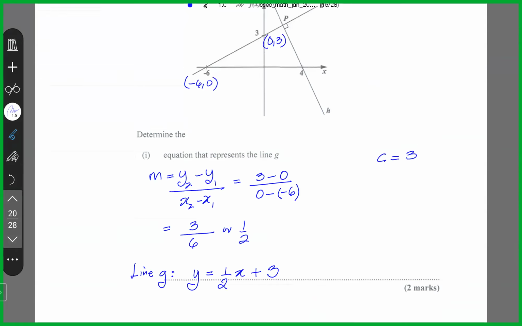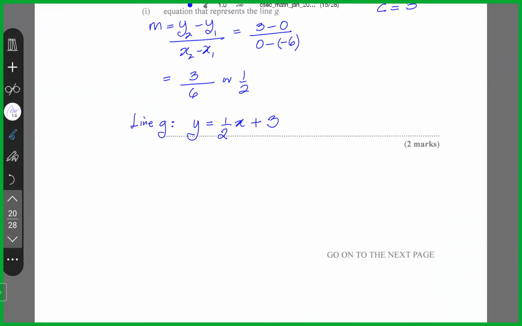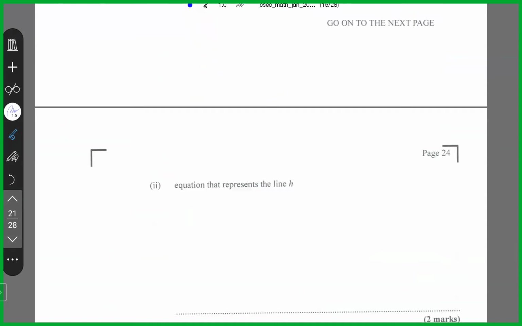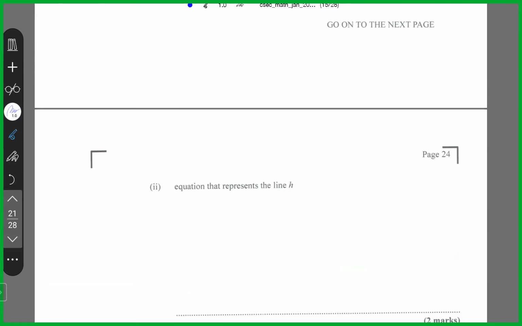All right, let's go back up and look at what's going on. Next, we're asked to determine the equation represented by the line H. We know that line H and line G are perpendicular to each other. The gradient of G, m1, is a half. The gradient of H, m2, would be -2 over 1.